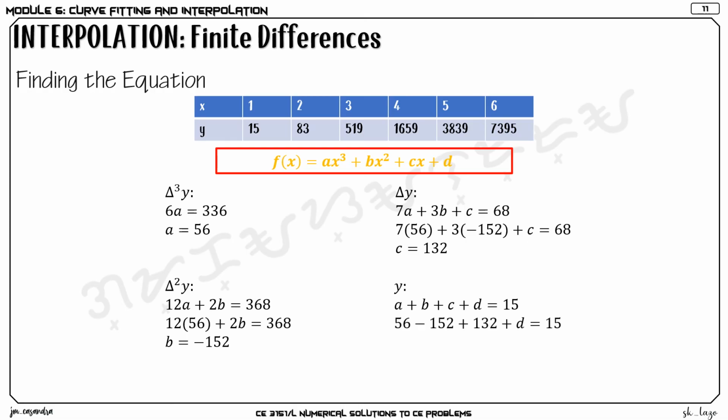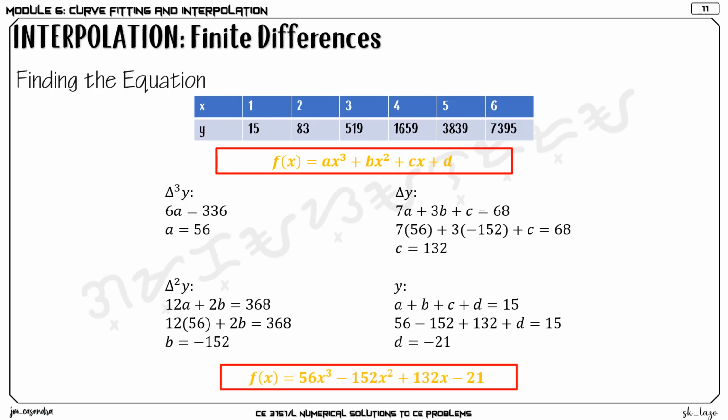And substituting the value of a, b, and c, we get a value of d equal to negative 21. So therefore, our equation that would best describe the given data set is the function of x, which is equal to y, is equal to 56x cubed minus 152x squared plus 132x minus 21.